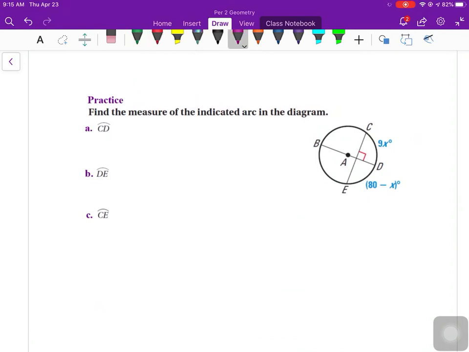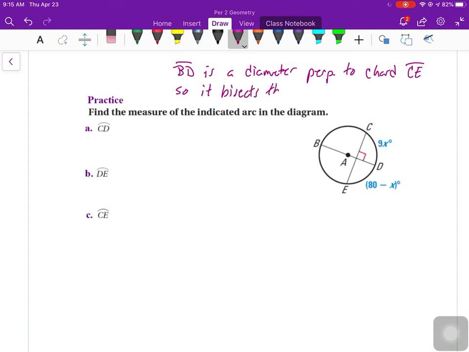When we look at this problem, we can see that B to D is a diameter perpendicular to the chord C to E. So it bisects the arc.